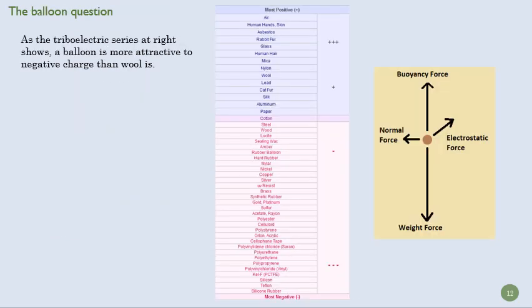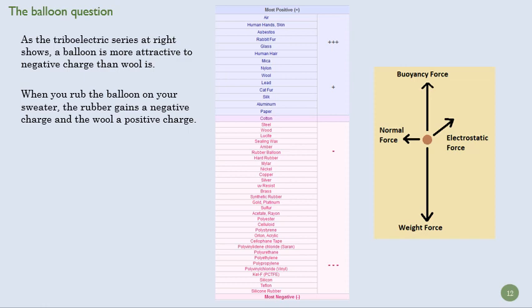So we go back to our balloon question and think about what's happening in particular there. This is a chart of triboelectric characteristics in different materials. And you can see that wool is going to tend to be positive, and a rubber balloon is going to tend to be negative. And so that balloon is more attractive to negative charges. When I rub them together, those electrons are able to leave the wool and move onto the rubber balloon.